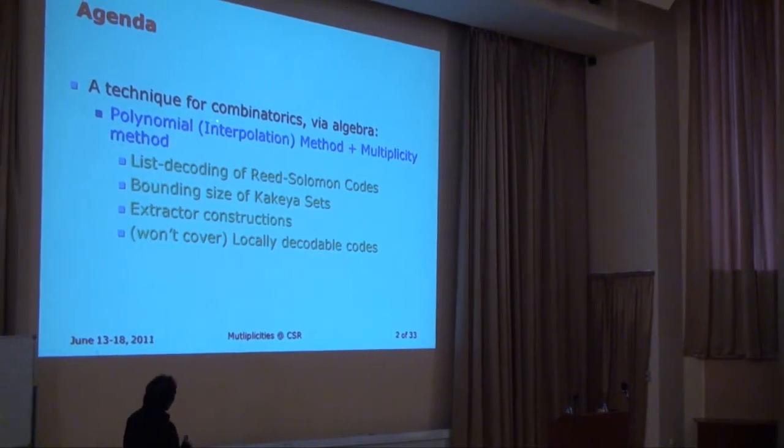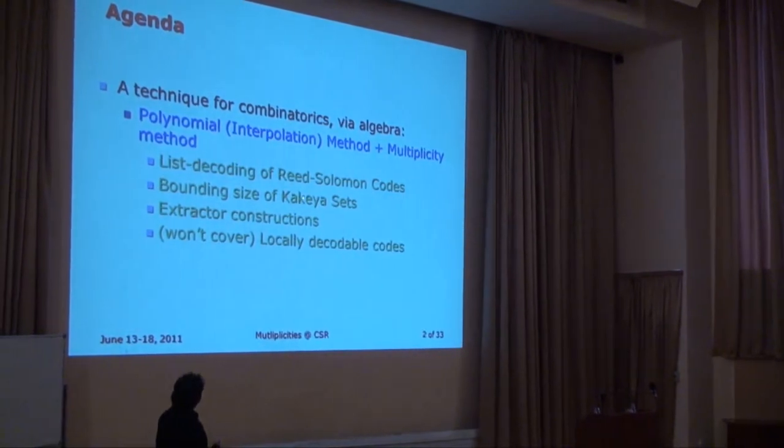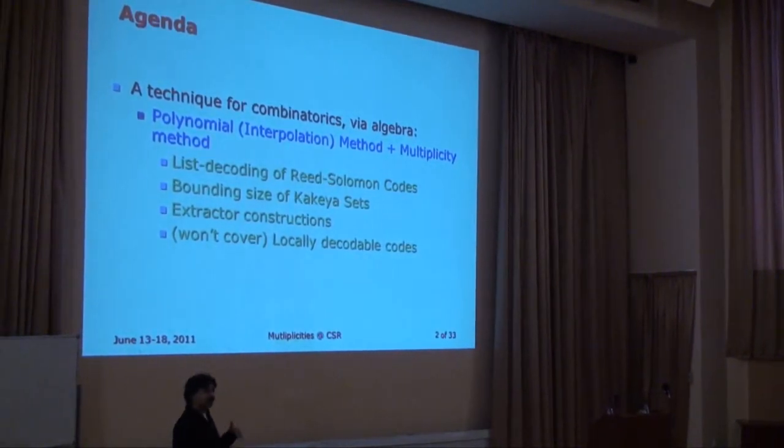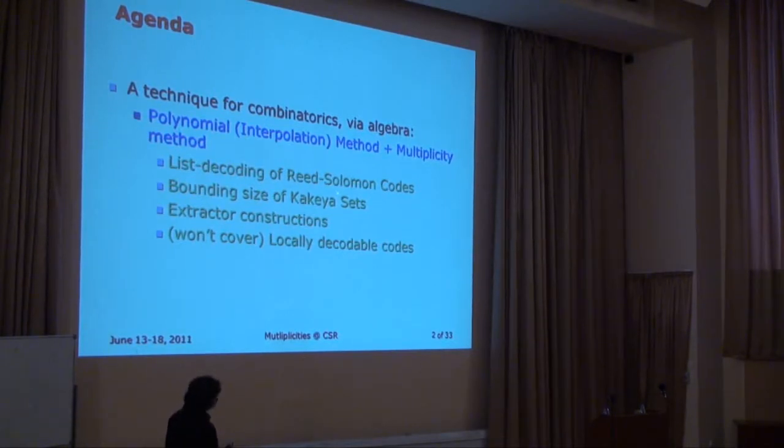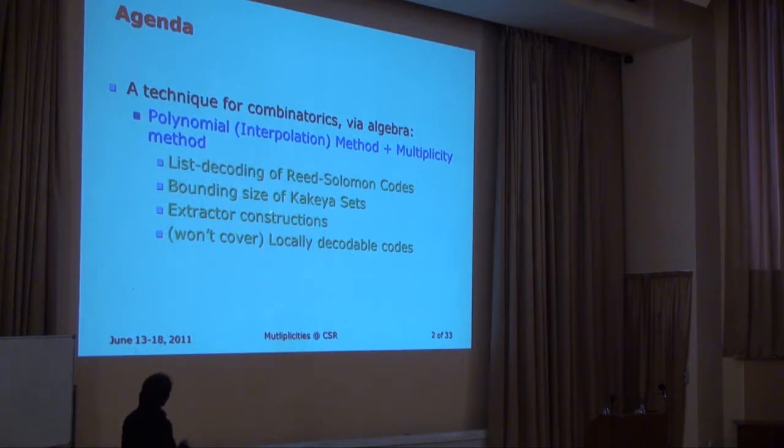The agenda is the technique. It's not these problems, but these are the problems to which we will apply them. I will describe this list decoding problem very briefly, very quickly. That will be the motivating example. And then most of the talk will be talking about these things called Kakeya sets and getting bounds on them.